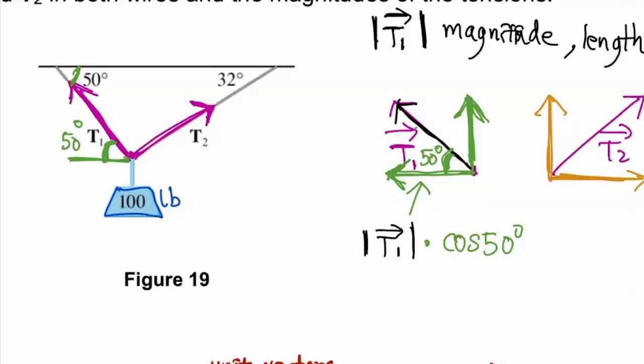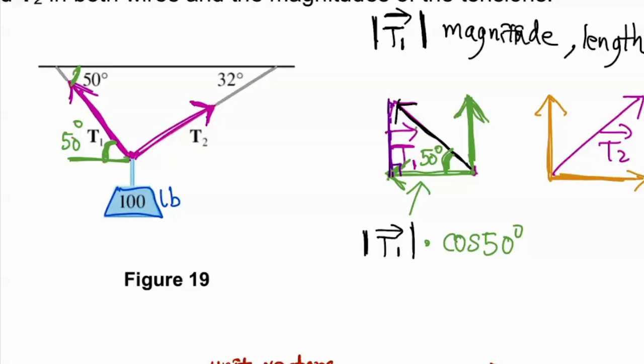Then you can see that there's a right triangle over here, right? In this right triangle, this is the adjacent side of this 50 degree angle, right? So to get the adjacent side here, you take the hypotenuse and you multiply by what?